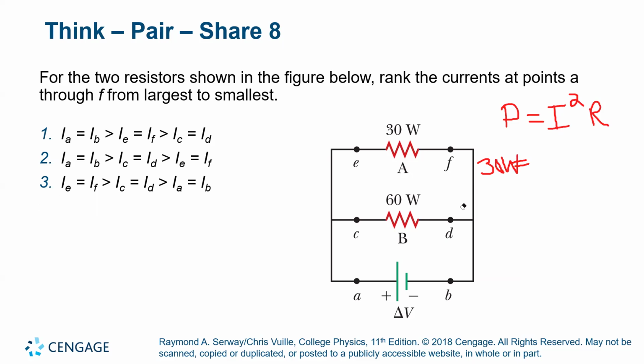If the resistor is really going to be twice the resistance, 30 watts equals I squared R. Oops, messy. All right, now take a look at this. We're going to take a look at the 60 watts.